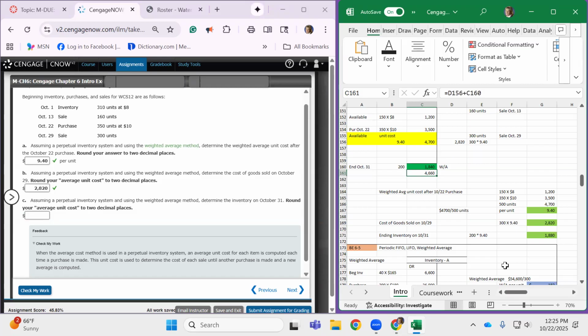Okay, so let me see what I have here. Those add up to that. I just have to find where all my formulas are. There you go, 1880. Yes, they agree. 1880 should be the right ending balance.